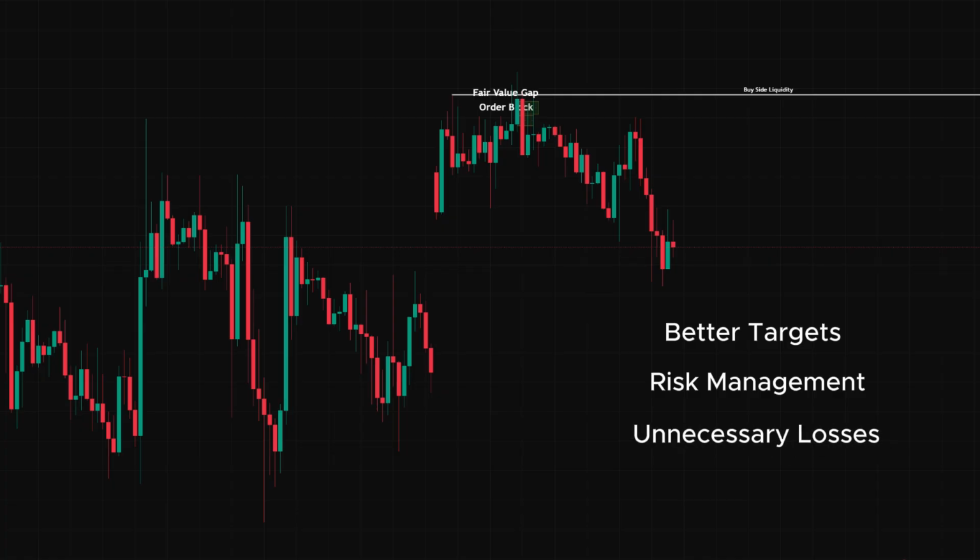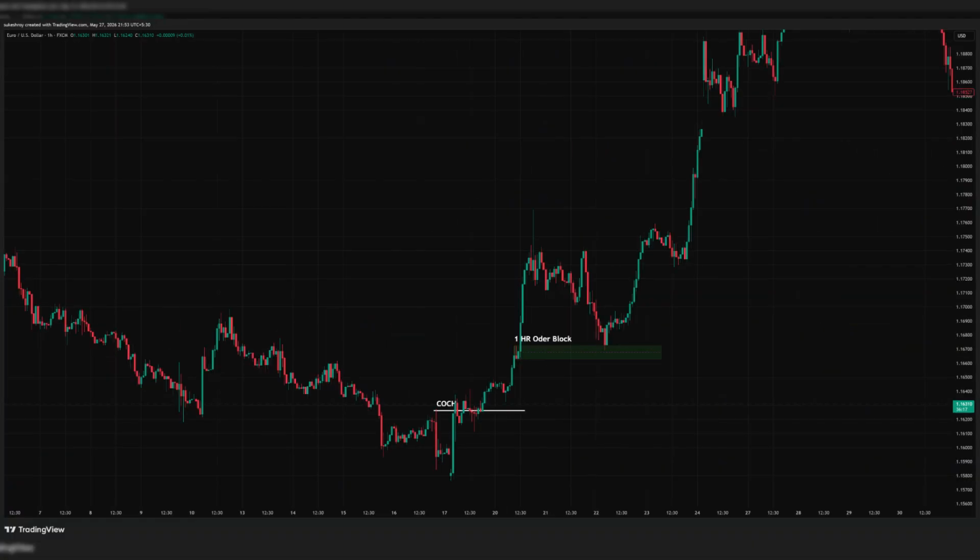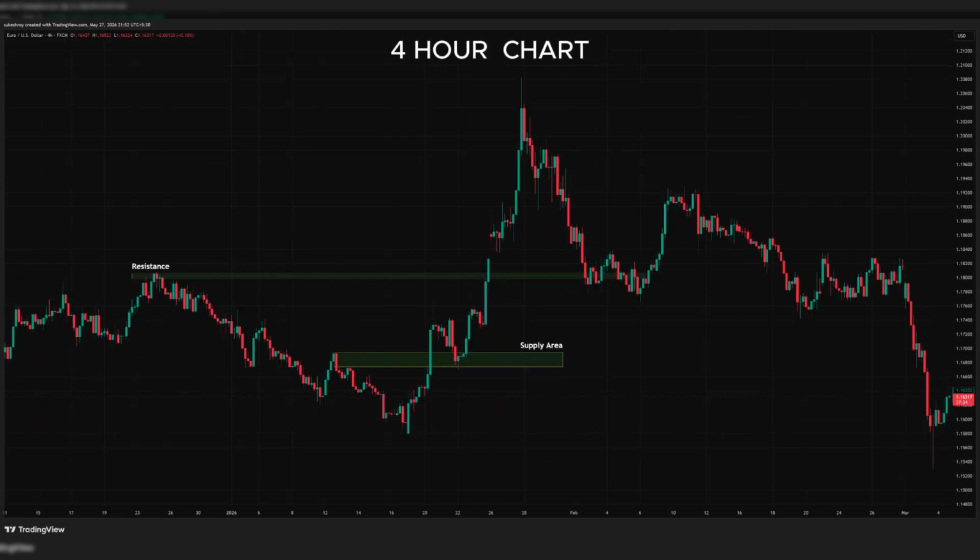Now, let's look at the opposite scenario. Suppose the 1-hour chart breaks structure with strong momentum and leaves behind inefficiency. Price pulls back into an order block. Looks like a potential long setup. But before entering, we check the 4-hour chart. And now we notice something important.